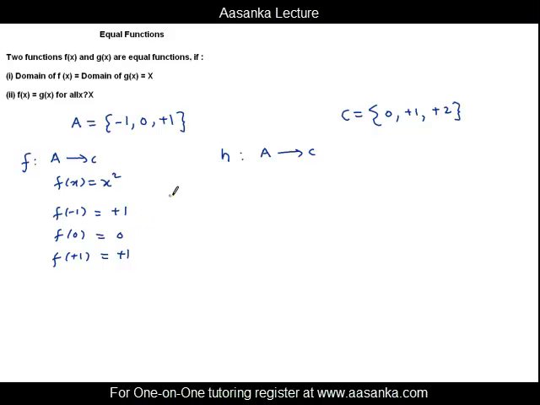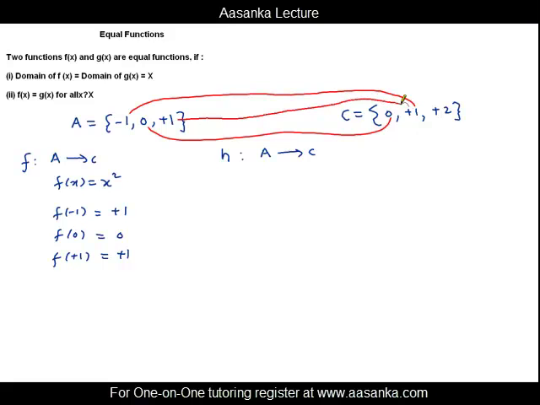That means that the relationship here is from minus 1 of A to plus 1 of C, 0 to 0 of C, and plus 1 again plus 1 of C. Now this element is left.